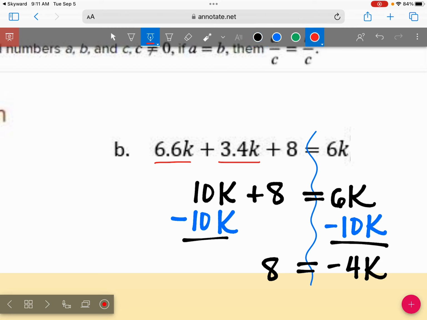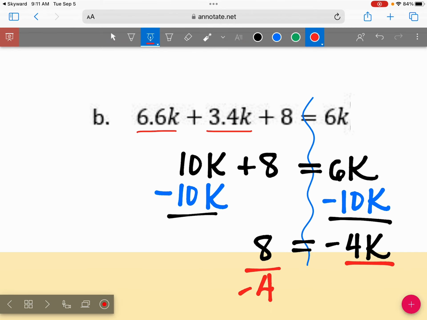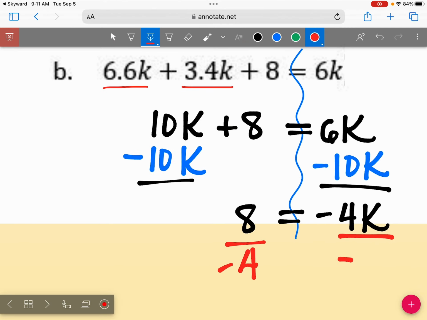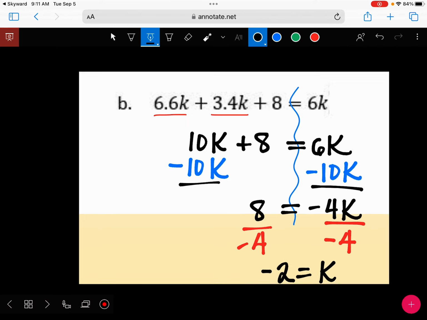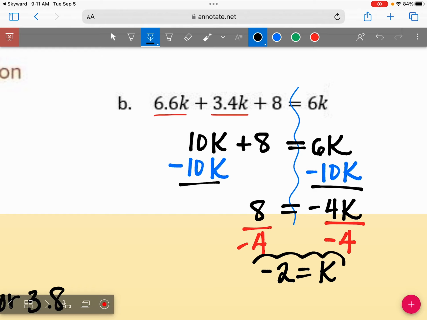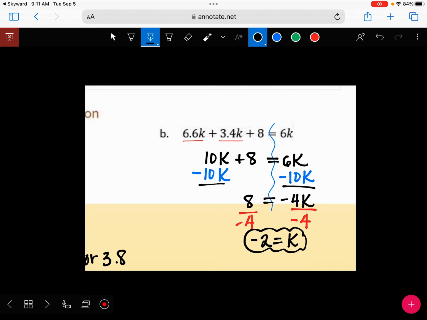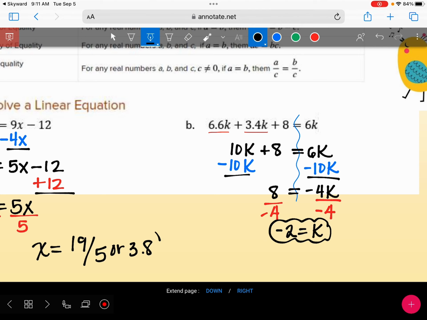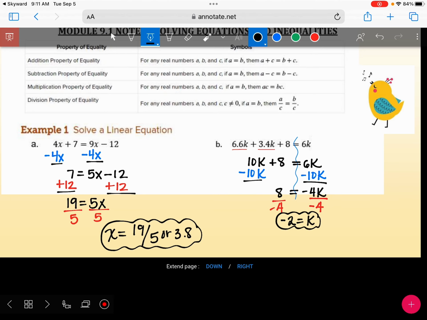And then your last step would be to divide both sides by negative 4. So negative 2 equals K. Okay, any questions about how we work through those first two?